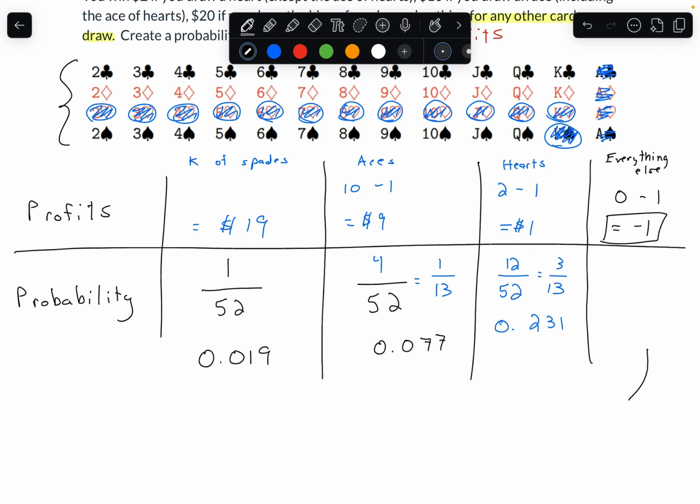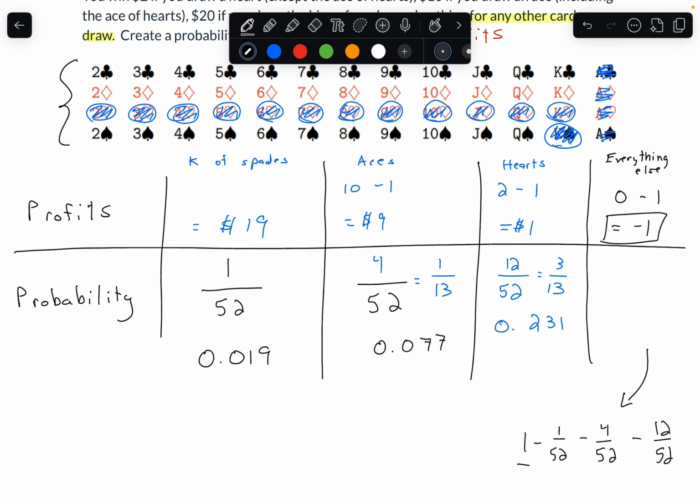So I'm going to need a little bit more room here. This is going to look like 1 minus 1 over 52 minus 4 over 52. I'm going to use the unsimplified version just so that the calculations are a little bit easier to work with. Minus 12 over 52.